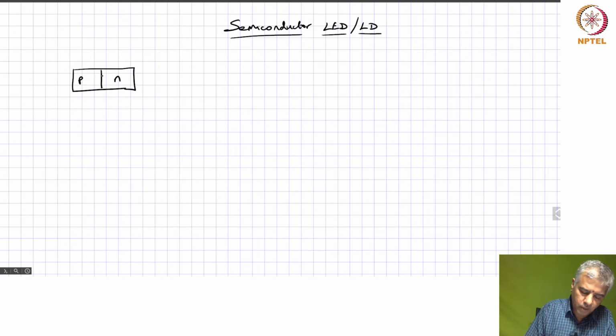So on the N side, we leave behind positive charges, and on the P side you leave behind negative charges. Now, how do you represent this in an energy level diagram? Well, you draw this across, and you say that's your Fermi energy.